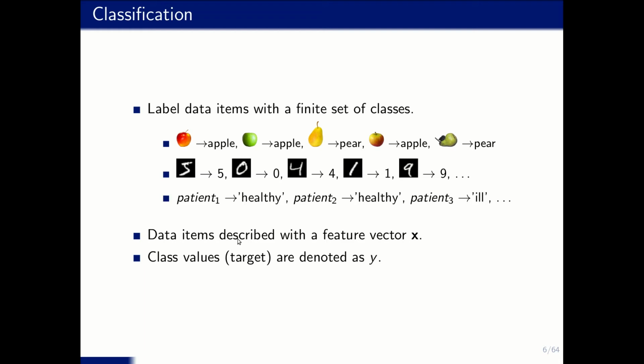So we describe our objects with a feature vector x and we encode the class in a variable y. y takes one out of finitely many values, so y is a discrete variable. This is our target and it encodes our class. We have the input features and we want to predict the class.